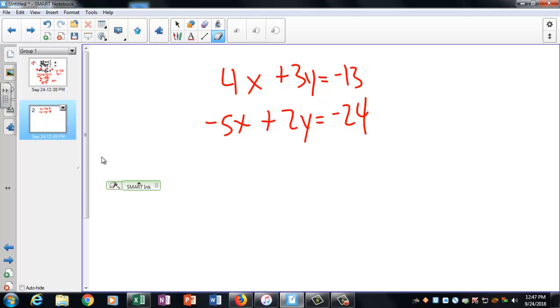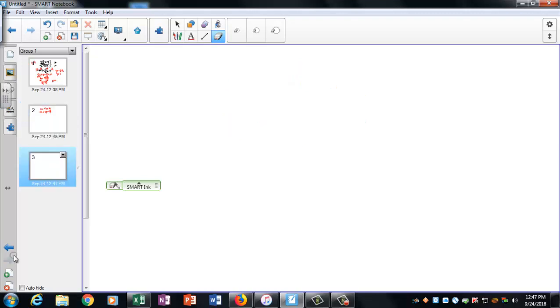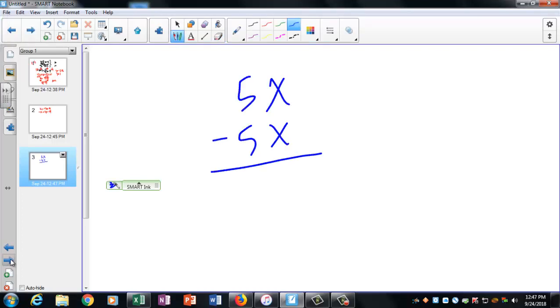Elimination requires that either the X terms have the same numbers or the Y terms have the same numbers.